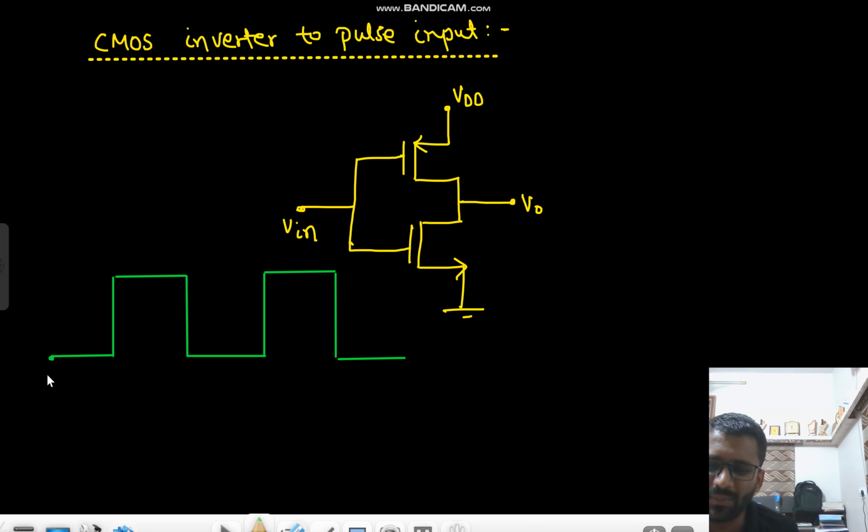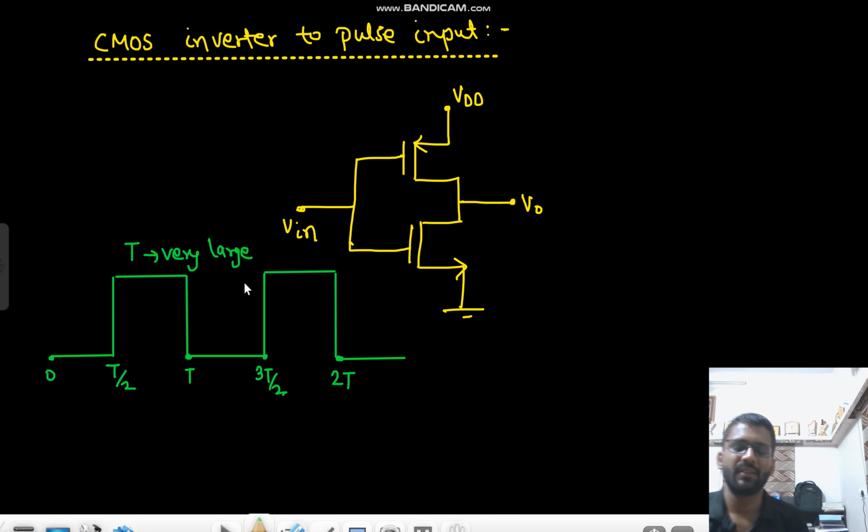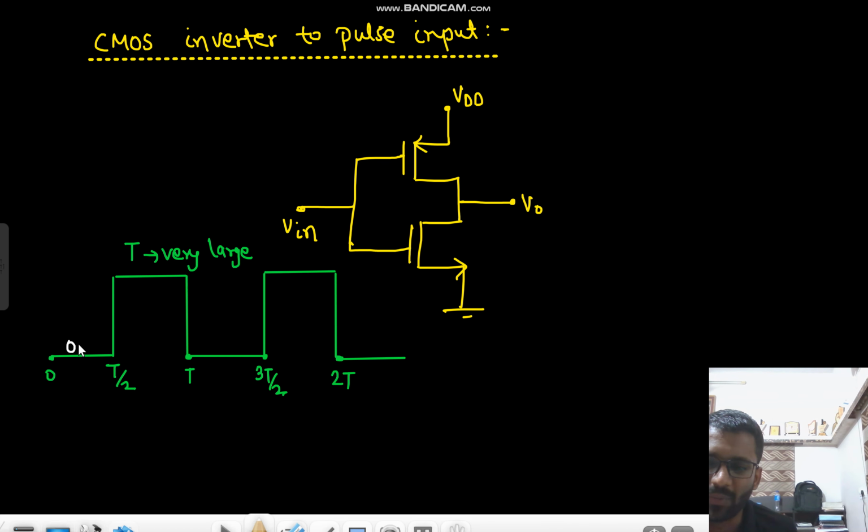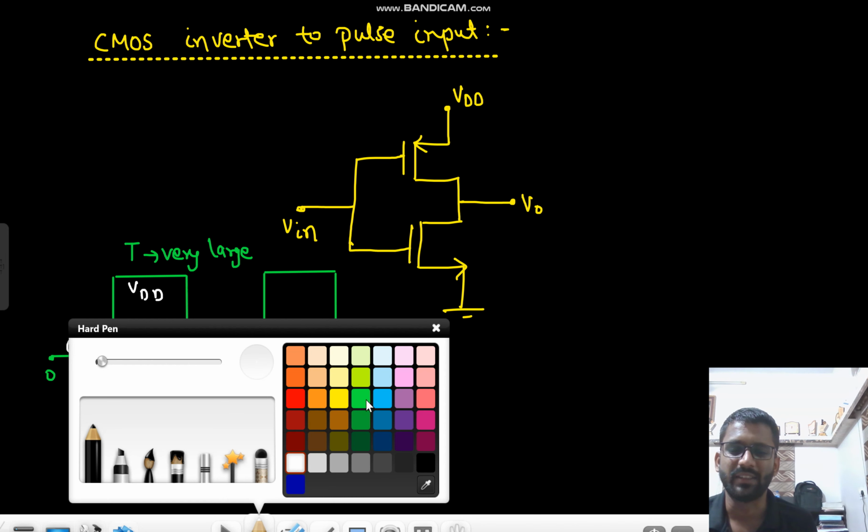Like this is time 0, this is T by 2, this is T, this is 3T by 2, this is 2T. And one thing is that T is very large, that would be given. One input level we can put is 0 volt, and the other we can put is VDD. So we will analyze it now.